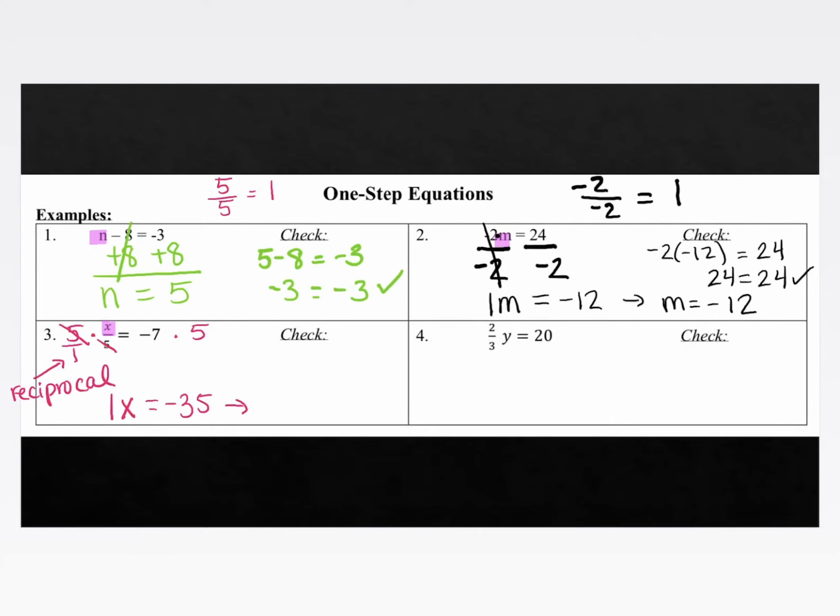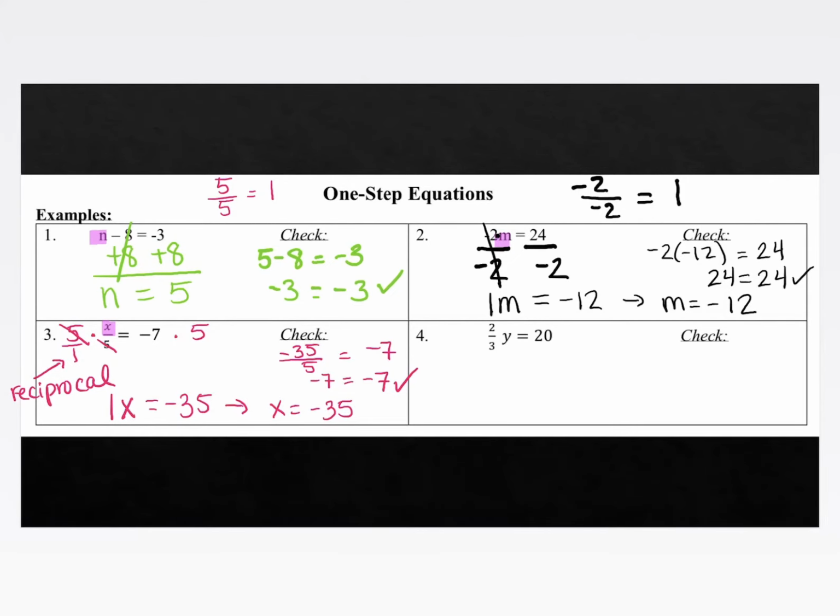So our final answer is x equals negative 35. Now we can check by plugging it back in. Negative 35 divided by 5 should give us negative 7. If we simplify the left-hand side, we get negative 7, and negative 7 equals negative 7. So we are all set.